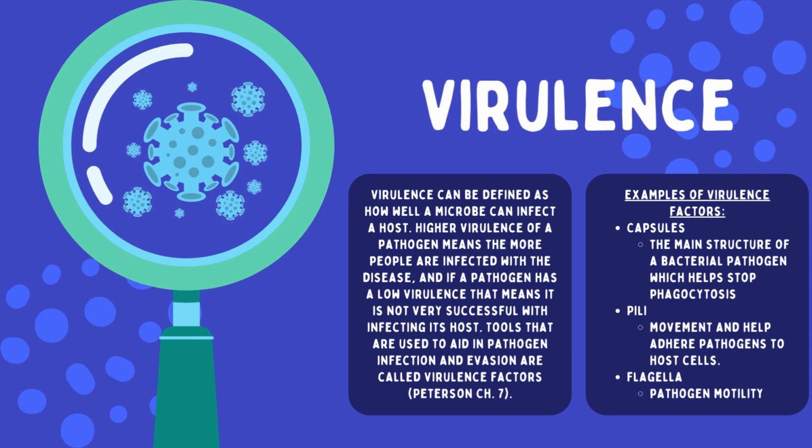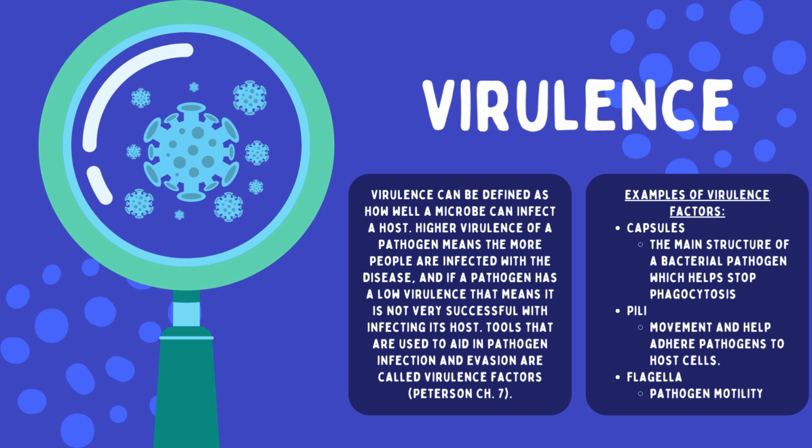So if a pathogen has a higher virulence, that means that more people are going to be infected and have the disease and be affected by that disease, whereas a pathogen with a lower virulence is going to have a harder time with being successful in infecting a host. And in addition to virulence, we're going to have tools that are used to aid in pathogen infection and invasion, which are called virulence factors.